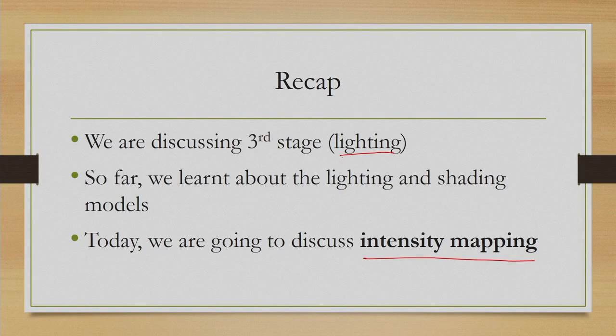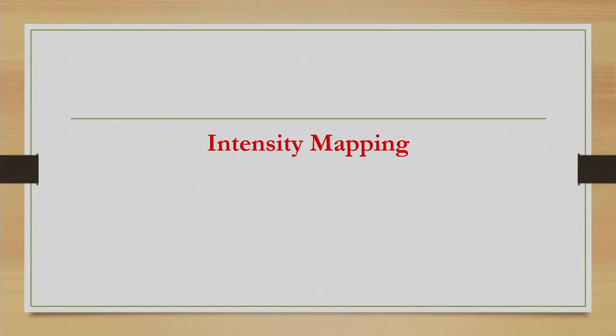This is the 3rd component of assigning color to an object surface. Now, when we talk of intensity mapping, what do we refer to? We refer to a mapping process. What does it map? It maps the intensity value that we have computed using the lighting or the shading model to a value that a computer understands, that is a string of zeros and ones.